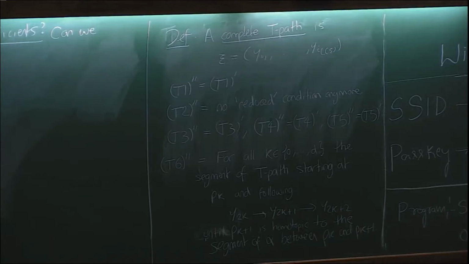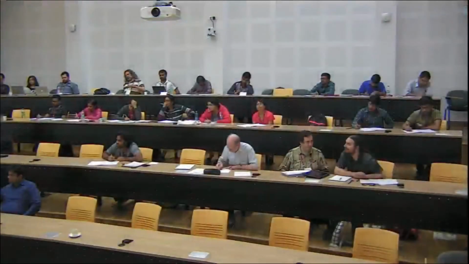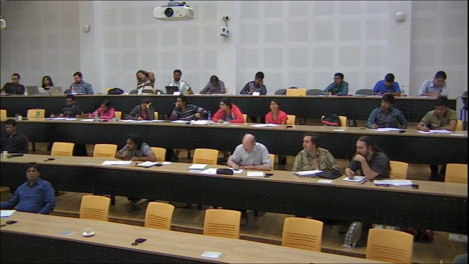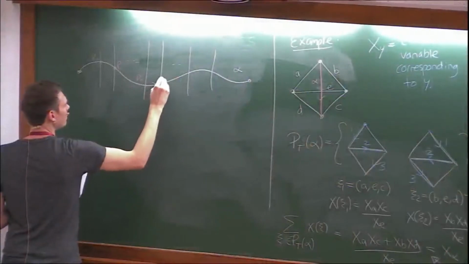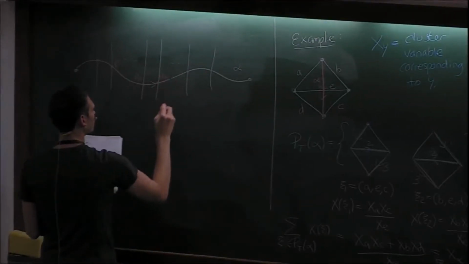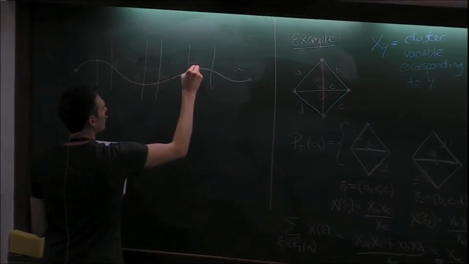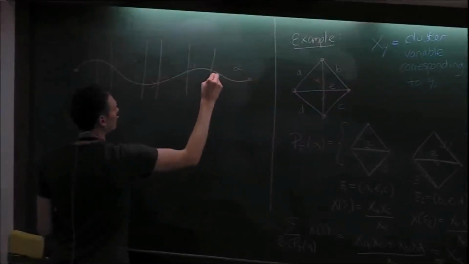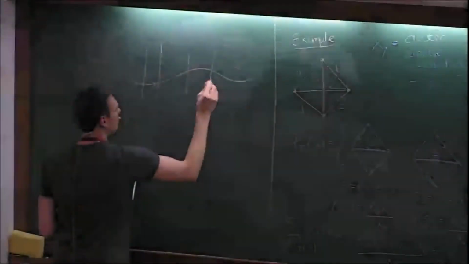And like before, we have the arcs in T that intersect it. So we have P1, P2, and then we have PK, PK plus 1, PD minus 1, and PD.